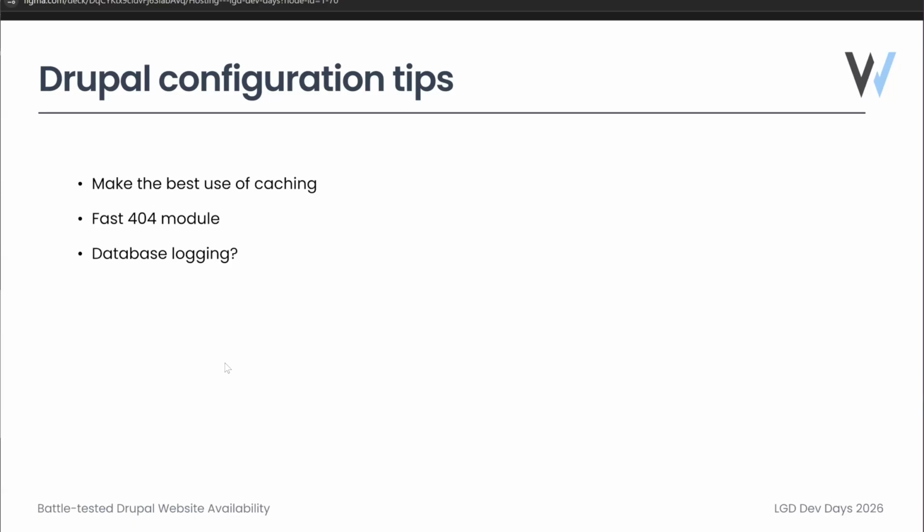As soon as you have a session involved, then that layer of page cache can't continue to serve pages quickly, and this ends up causing more load onto your site and a slower experience for users. So that's to be avoided where possible.